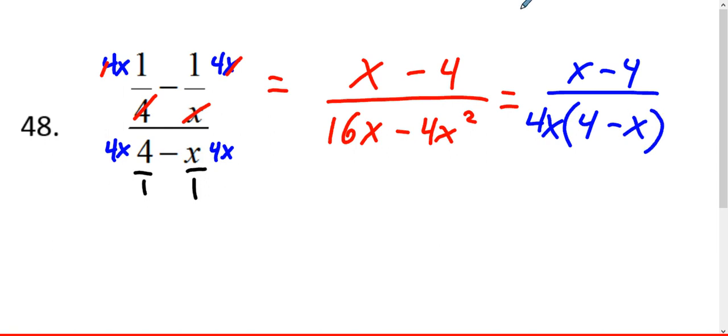And like we hinted at before on that last problem, x minus 4, 4 minus x, they're almost the same, but order matters with subtraction. But you can switch the order if you factor out a negative. So you could rewrite that as negative 4 minus x. Multiply that back, you get negative 4 plus x, which is the same thing.